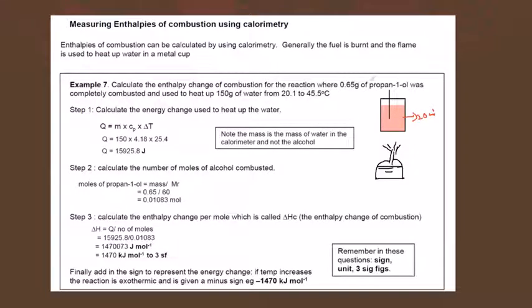Using the initial and final temperatures, we will find the temperature change. To find how much energy is absorbed by this water, we use the formula E equals Cm delta T, or Q equals, where specific heat is 4.18, m is the mass of the water which we measure, and delta T is the temperature change, so we know how much energy is released. But to get the enthalpy change, because the term enthalpy change means energy released per mole.